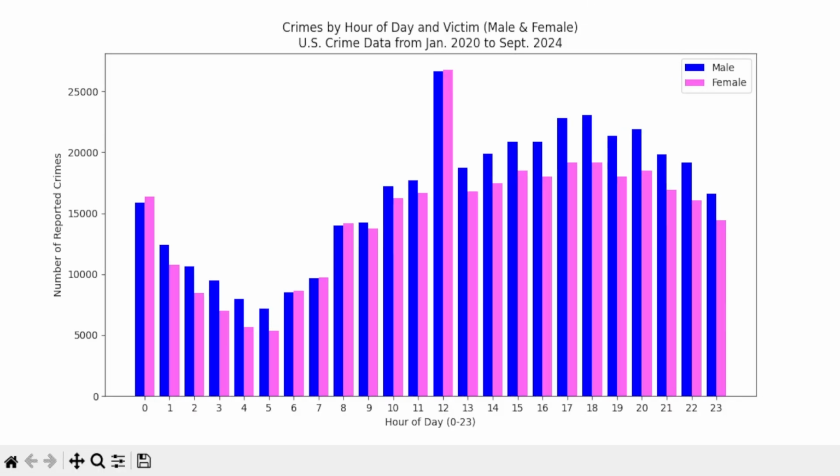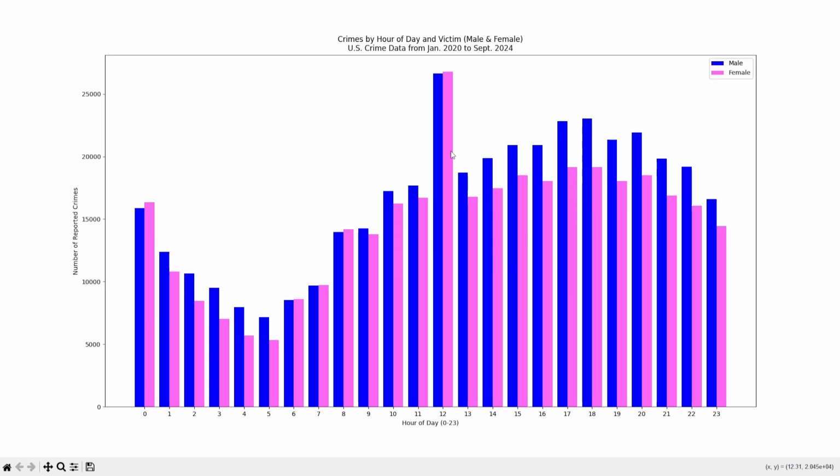And we'll take a look at crimes per hour of day split into male and female victims. So we see 2 spikes, one around noon and the other one around midnight. In both of these spikes, female victims spike up just a little more than males, but for the rest of the day, males are victimized a little more.